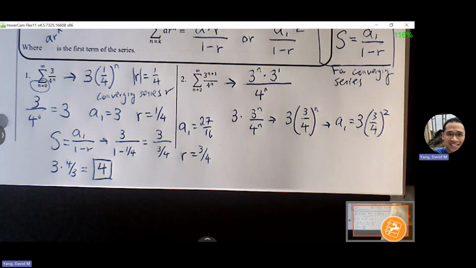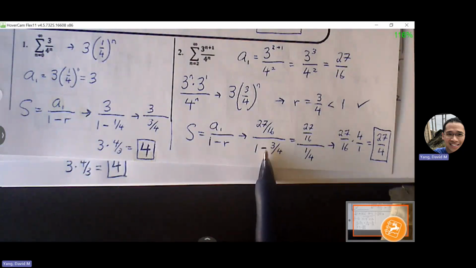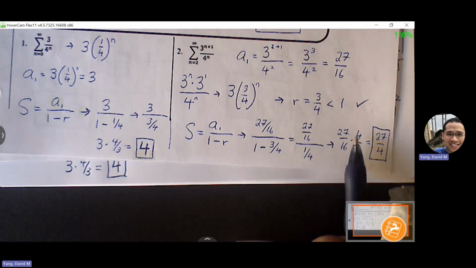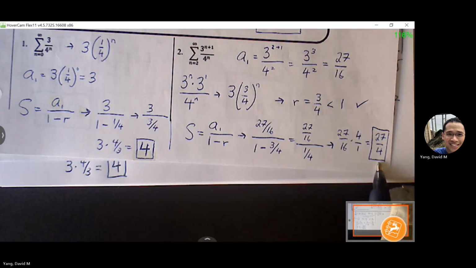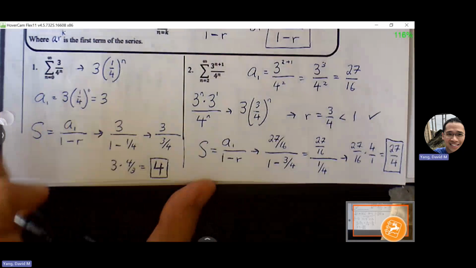Okay, so I'm just going to put it into my formula. 27 over 16 divided by 1 minus r. My r is 3/4. 1 minus 3/4 is 1/4. Dividing by 1/4 is the same thing as multiplying by 4. This is not too bad. We can reduce, making it 27 over 4. That's the sum of this infinite geometric series that we know will converge.